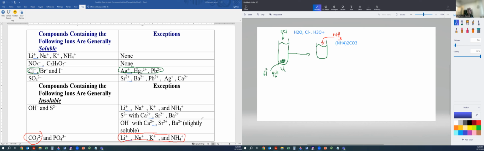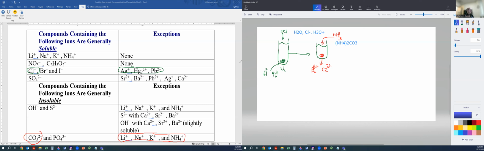So if I get a precipitate in here, I know that precipitate is either going to be barium 2 plus or calcium 2 plus, because those are the options from our lab. We may have barium or we may have calcium.